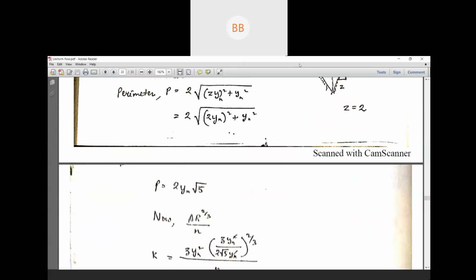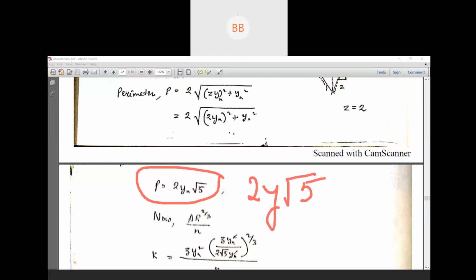After simplification, you will get wetted perimeter equal to 2y root 5, for that particular numerical.